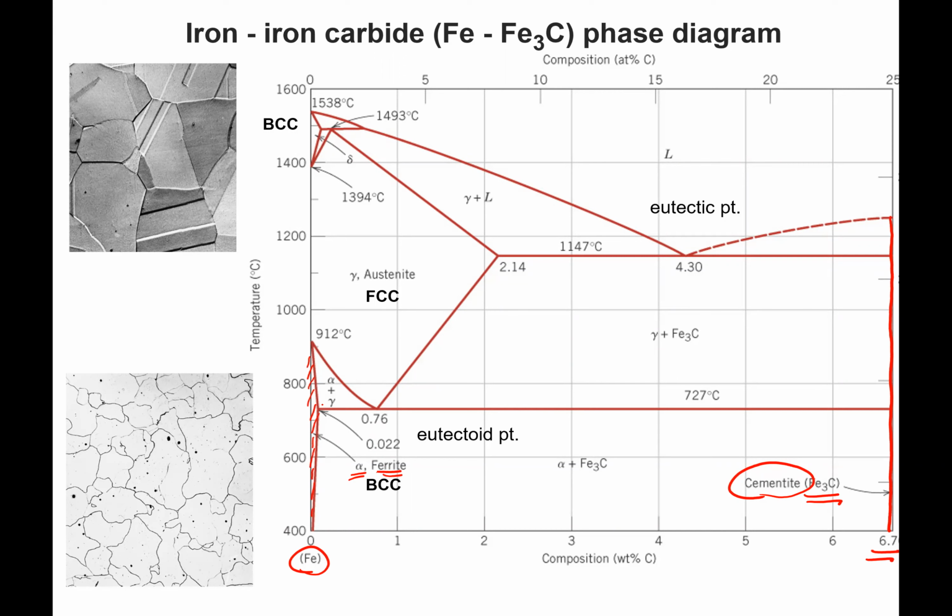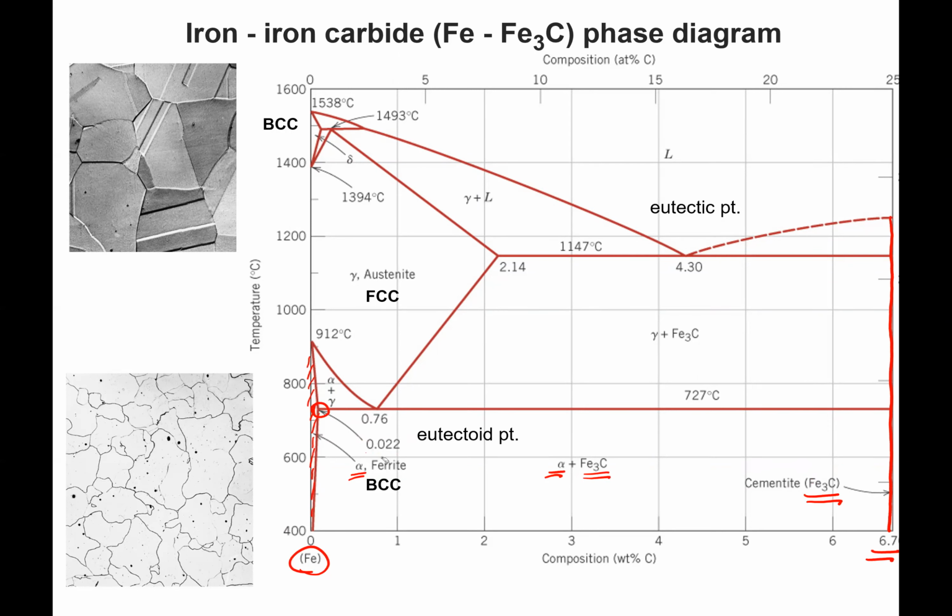And the maximum solubility you could have would be at 727 degrees C, and it would be only 0.022 weight percent carbon. So any more carbon than that, and all steels have more carbon than that, it's got to precipitate out as another phase. The phase that it comes out as is cementite. So we always have a ferrite plus cementite structure.